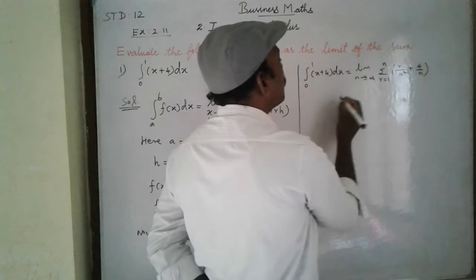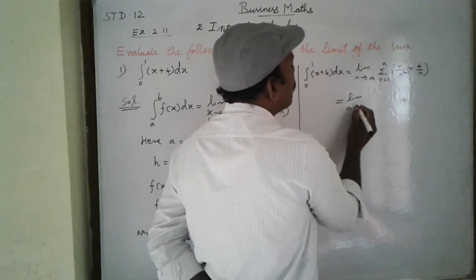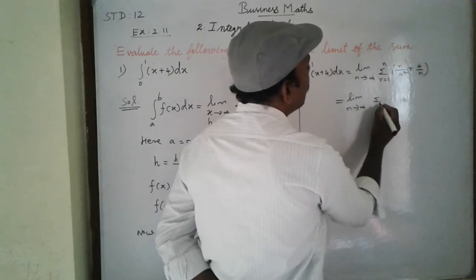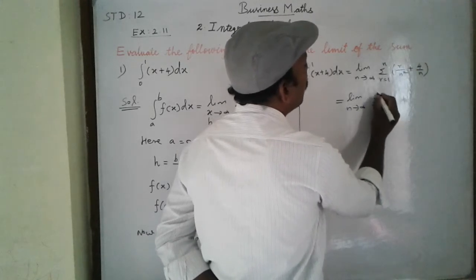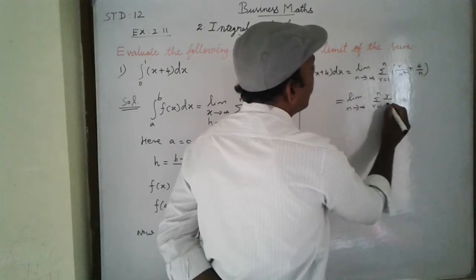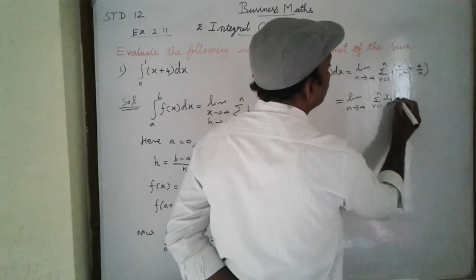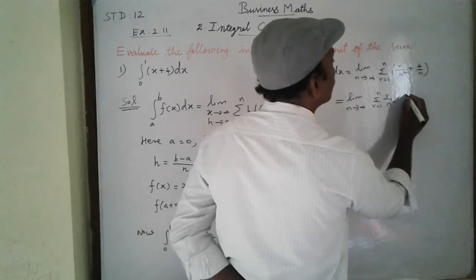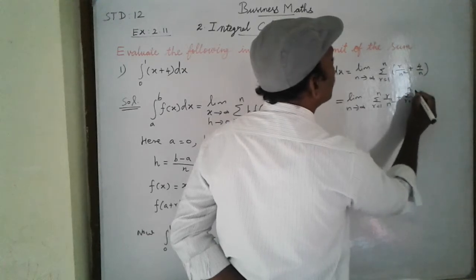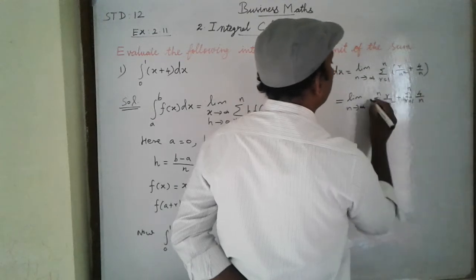We take sigma inside: the limit as n tends to infinity of sigma r equal to 1 to n of r divided by n square, plus sigma r equal to 1 to n of 4 divided by n.